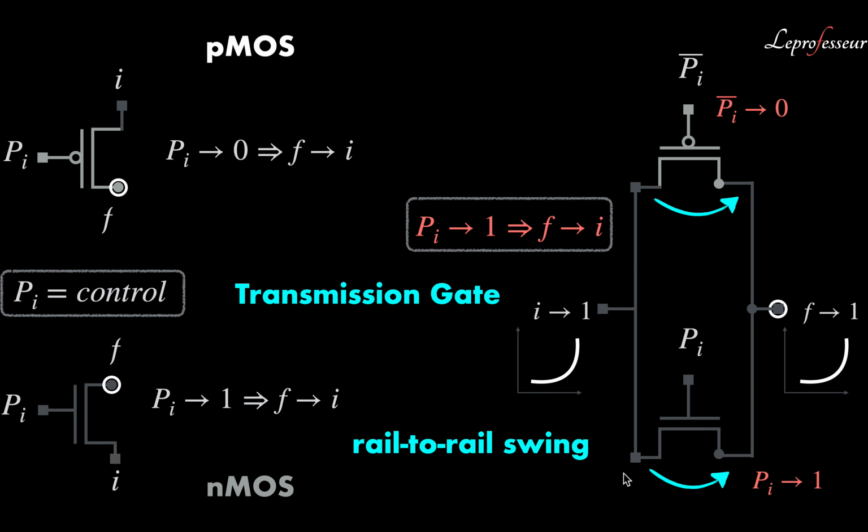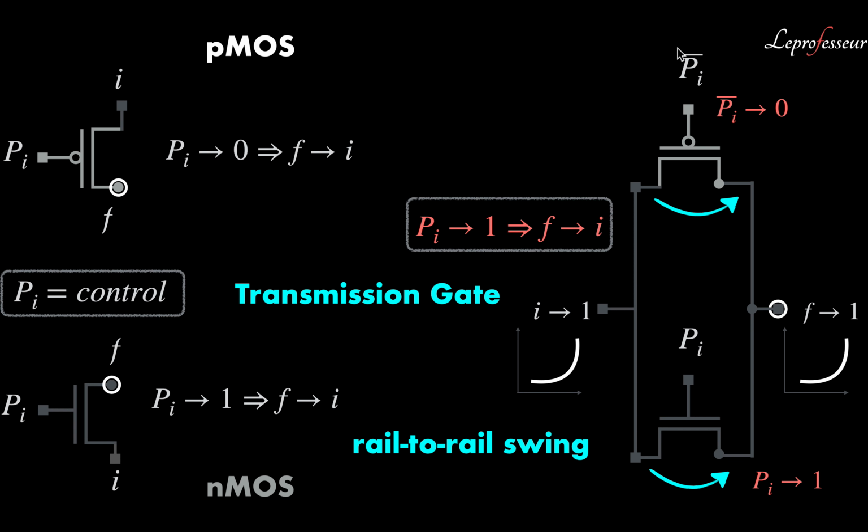Now, since we are using both NMOS and PMOS, and PMOS typically has twice the area of NMOS, it's a bigger circuit, and we are connecting both terminals together.